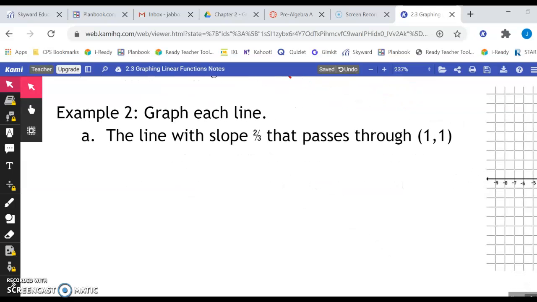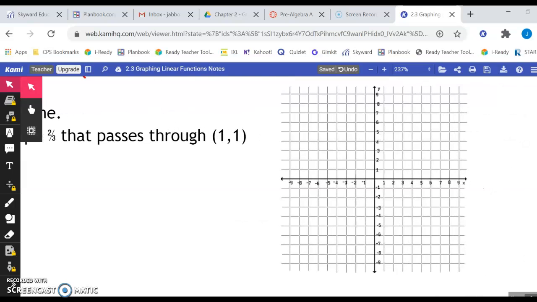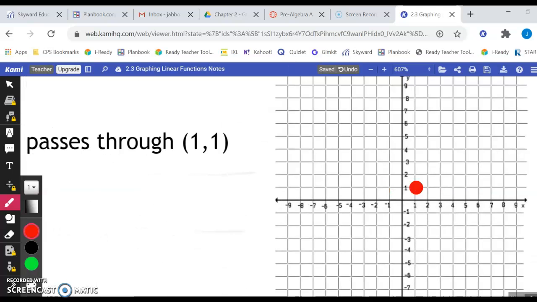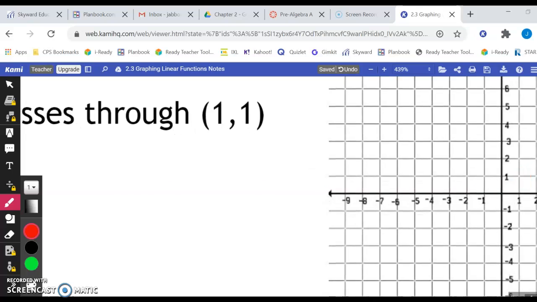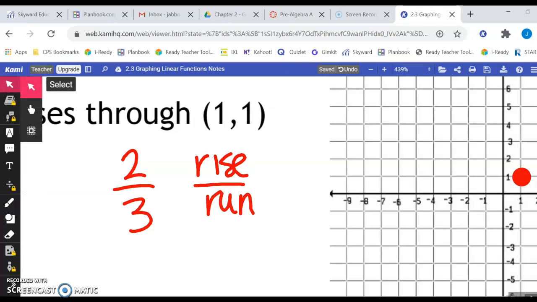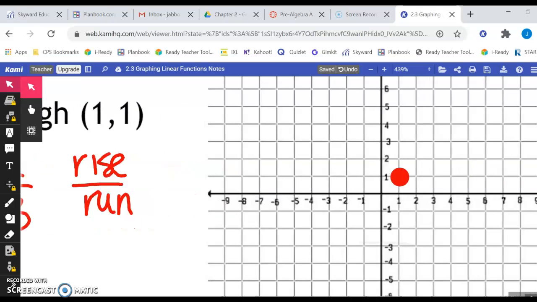For part A, it's a line with slope of 2/3 that passes through the point 1, 1. So we have to graph that starting point of 1, 1. So that's there. Then we are going to do the slope, and they said the slope is 2/3. So 2 over 3, this means rise over run. So from that point, I have to rise 2 and run 3.